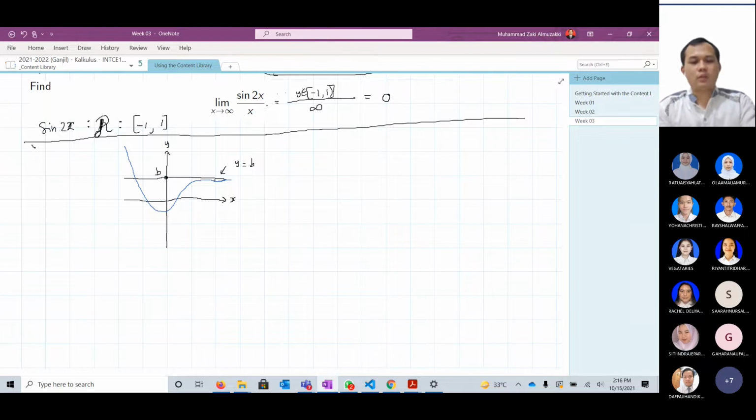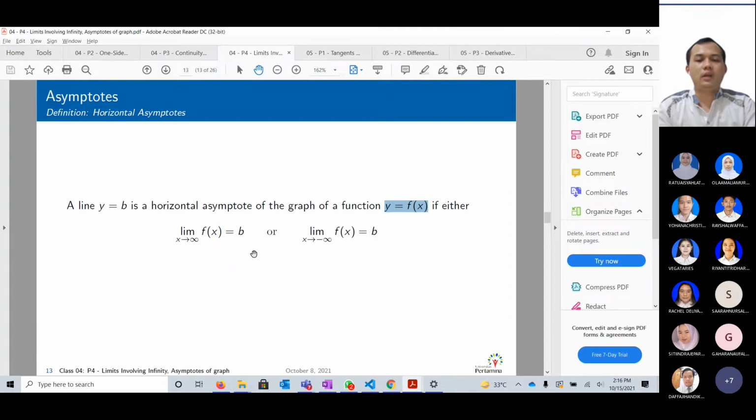Yes. Y equals to b in this case is the horizontal asymptote of this graph. So the only condition is that if x goes to infinity, the limit is b, or if x goes to minus infinity, the limit of f(x) is b.